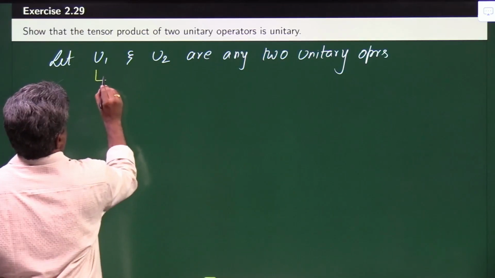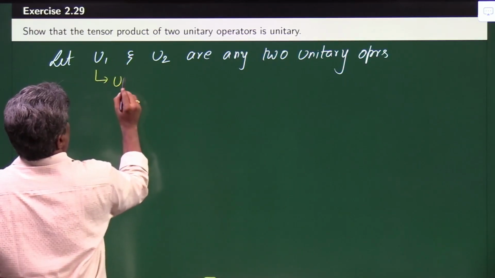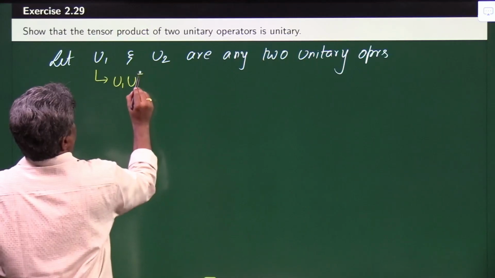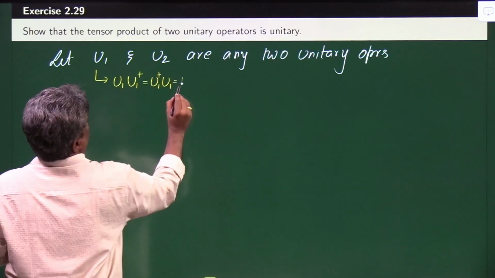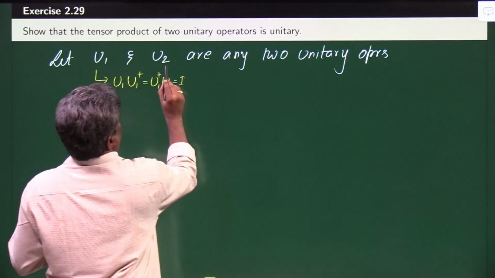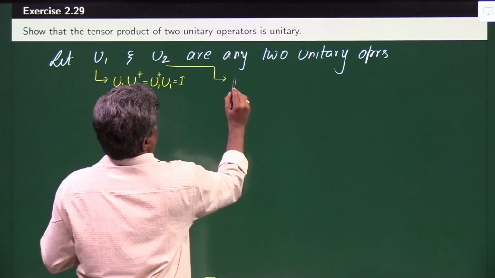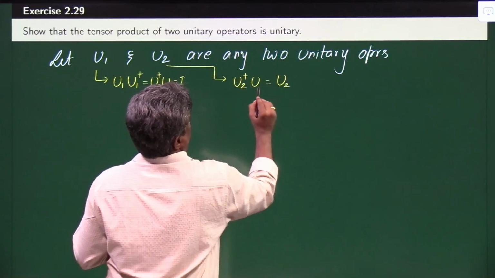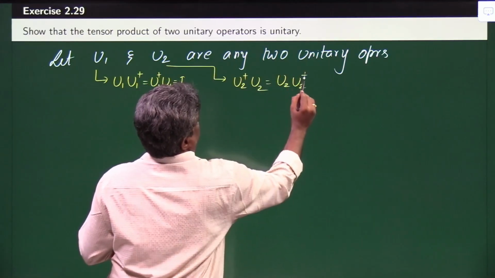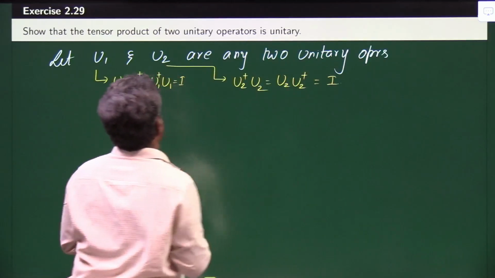That means it satisfies one property, that is u1 dagger u1 equal to I. And similarly, u2 also satisfies u2 dagger u2, the product with its dagger is always equal to identity.